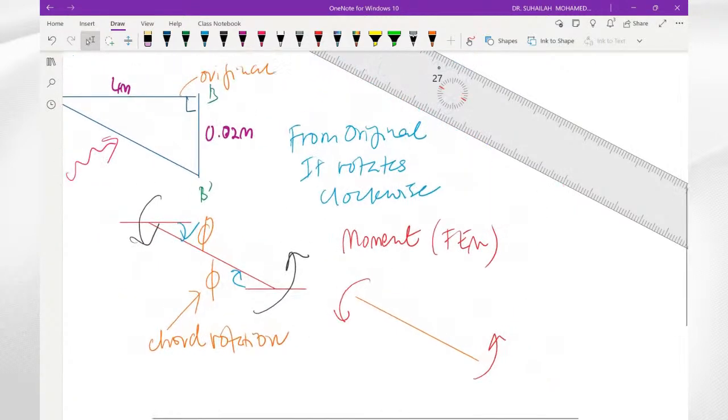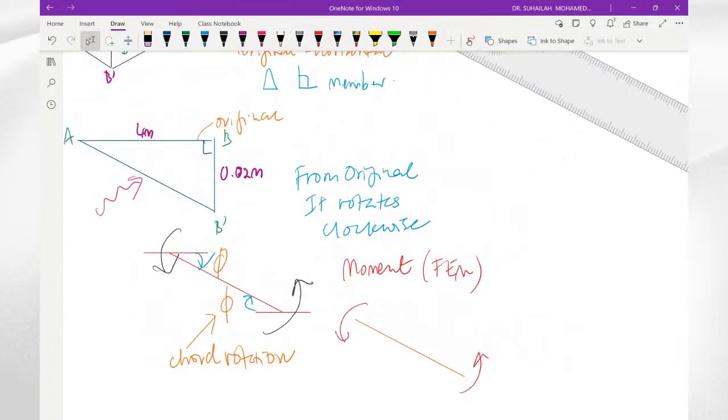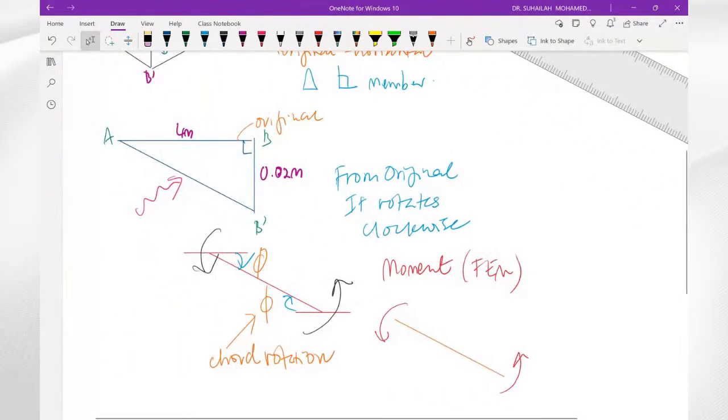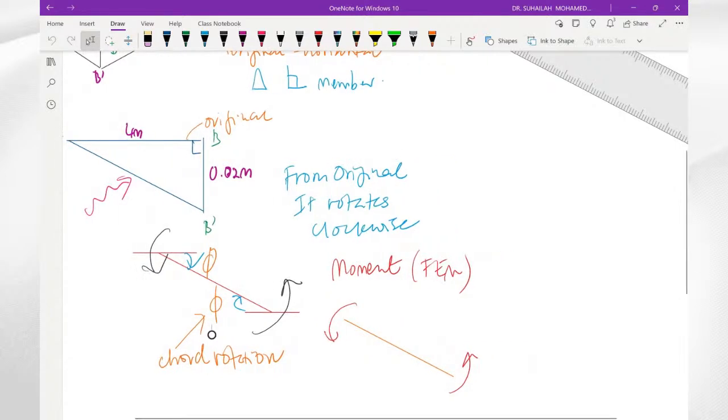So what can we conclude here is, we look at the rotation of the beam from original to new position. The angle is called chord rotation.